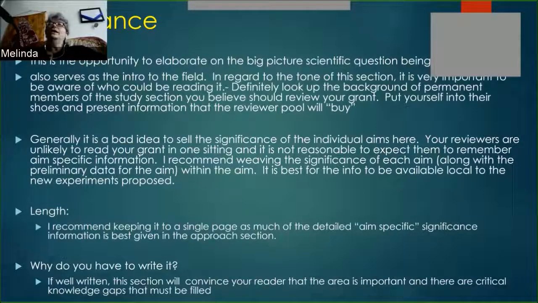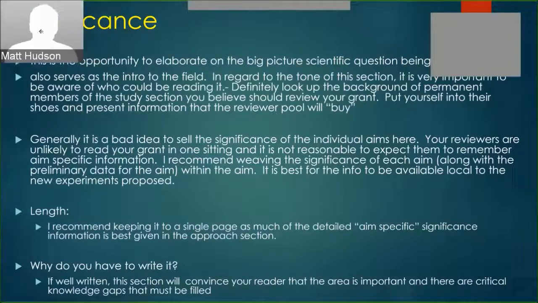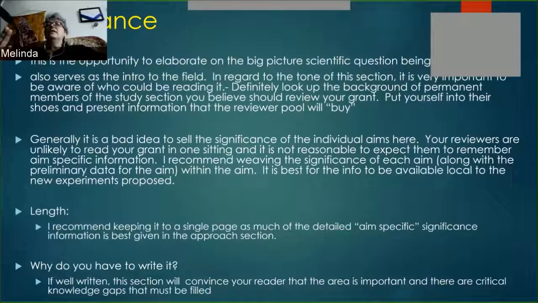You want to think about what their preconceived notions in the field are, and what things this group of people is likely to find interesting and important. It is essentially the long form of setting up the big picture scientific problem you're trying to get at.